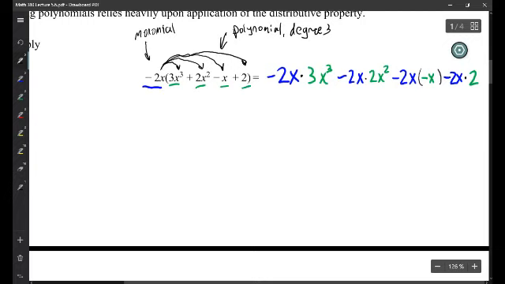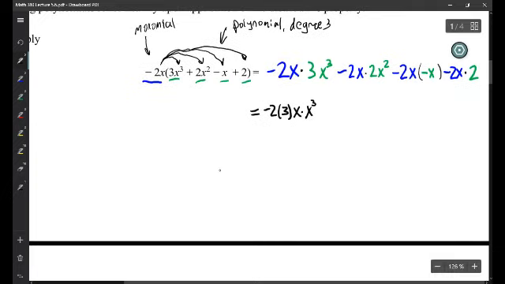Now we simplify, combine like terms, if any. No like terms, so we simplify. And we get number times number, and x times x cubed. And then we get negative 2 times 2.